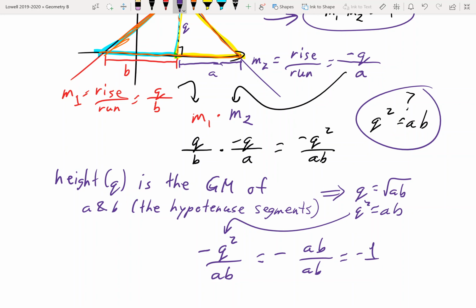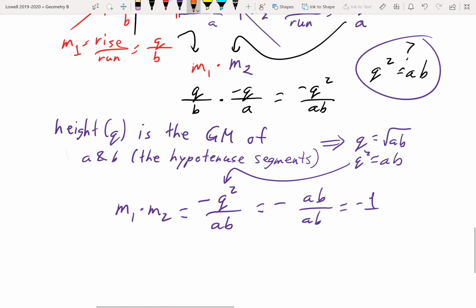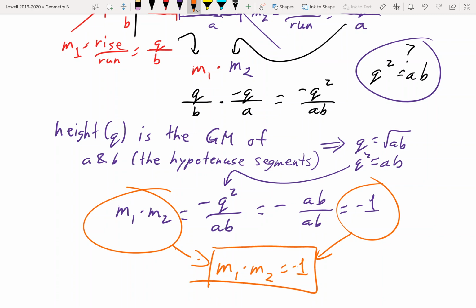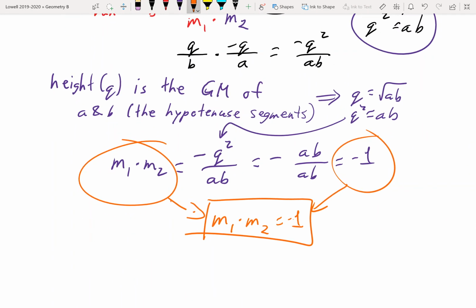Remember, where did this Q squared over AB come from? That came from M1 times M2. Let's bring those together. Finally, M1 times M2 is equal to negative 1, which is logically equivalent to M1 equals negative 1 over M2.